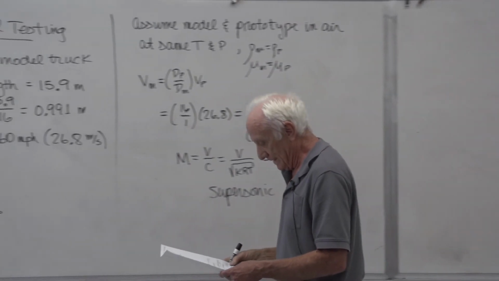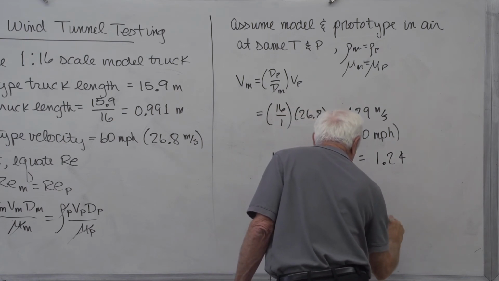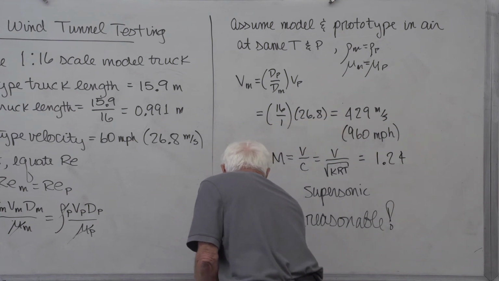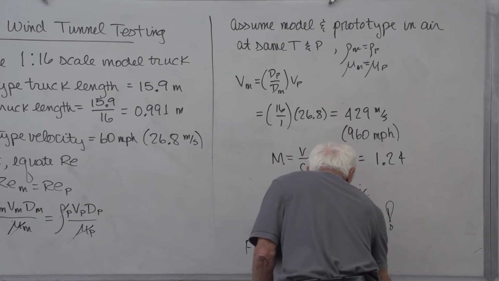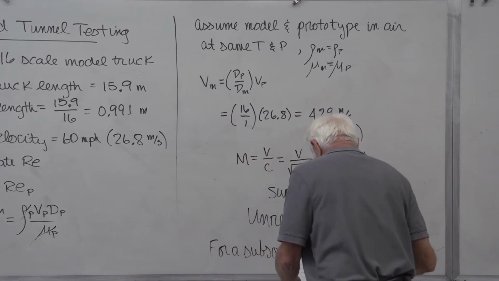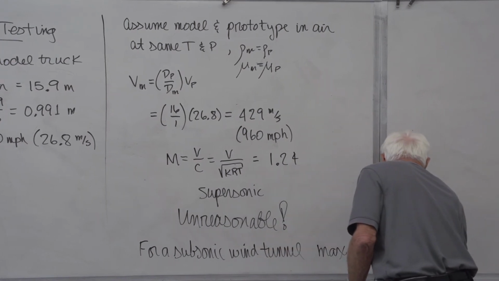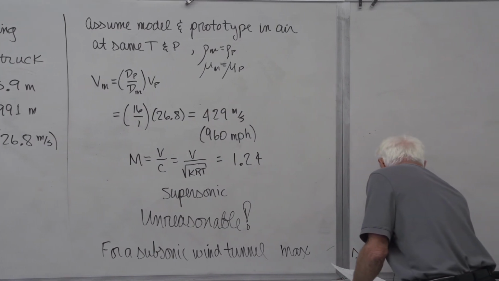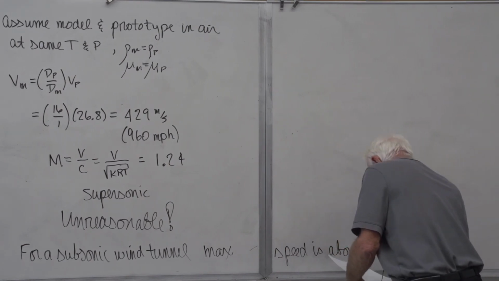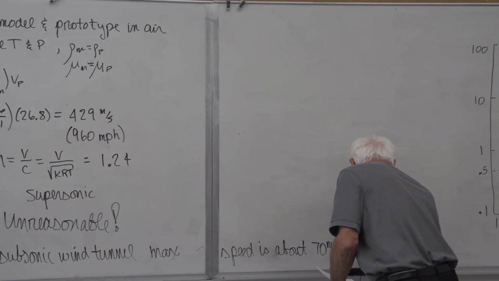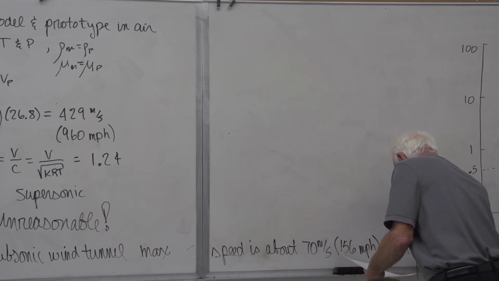Unreasonable. The max speed for a subsonic wind tunnel is somewhere on the order of 70 meters per second, which is 156 miles an hour, which is a Mach number of about 0.2.